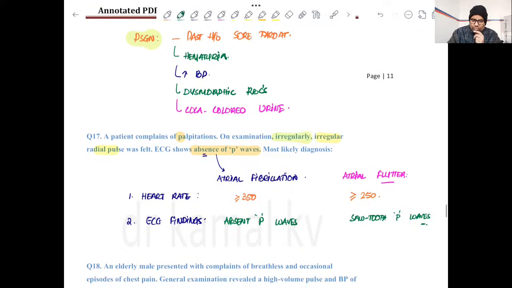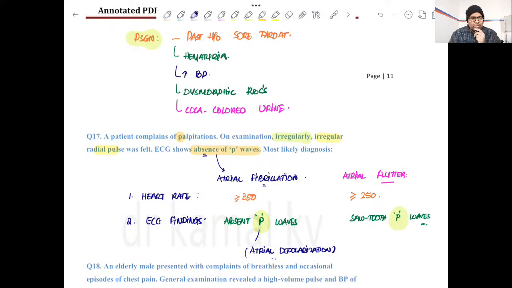Now if you know the basics of ECG, we know that P wave is because of atrial depolarization. So P wave is because of atrial depolarization. Now what happens in atrial fibrillation?